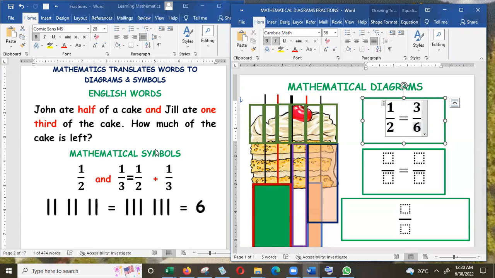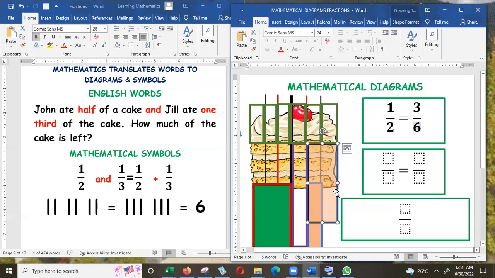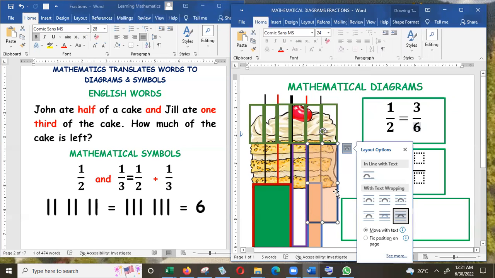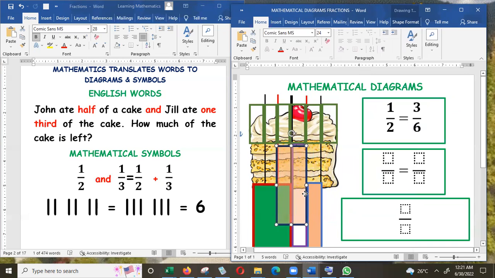Now Jill ate 1/3. So a third would be like slicing this cake into 3 equal slices, and 1 out of 3 will be a third. So this blue rectangle here depicts a third. So you have 1/3, and you have 2/3 and 3/3.